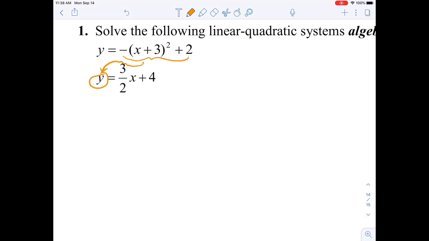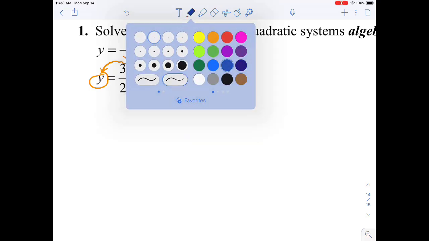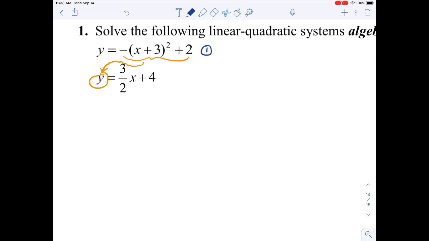If I number these, I'm going to call the top one equation 1, bottom one equation 2. Just to explain my work here, I'm substituting 1 into 2, subbing the information that I know from equation 1 in place of the variable it's equal to in equation 2. So all the stuff on the right side from equation 1 is now on the left side, negative x plus 3, all squared, and then plus an extra 2.